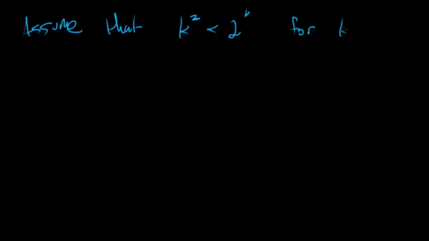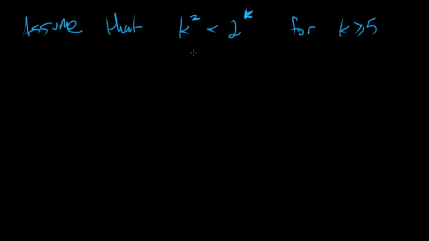Let's do it. Assume that k squared is in fact less than 2 to the k for some k greater than or equal to 5. It's obviously not true for things less than 5. You could just do a quick counterexample. But assume that it is true for some k.